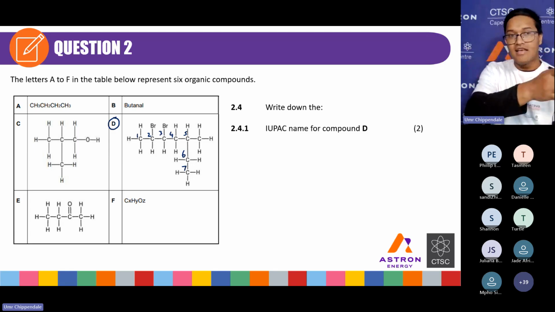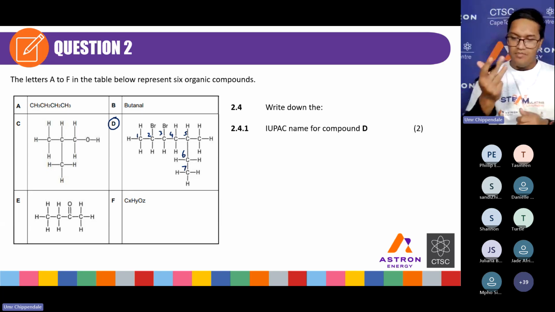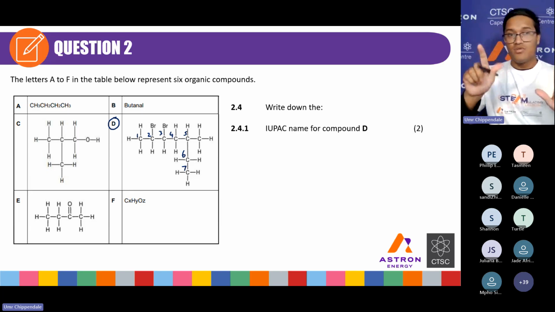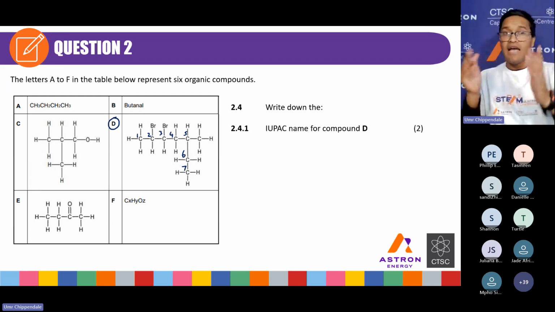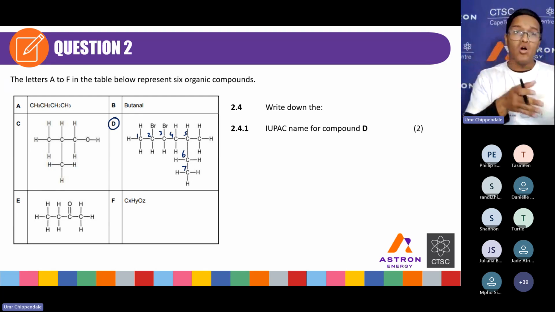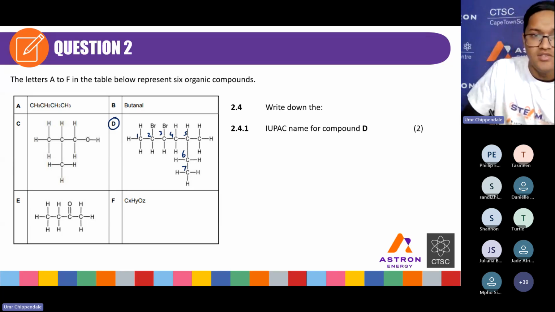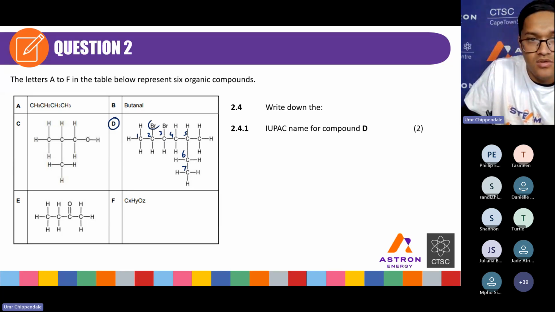Now, this is a 7-carbon chain. So it's going to be meth, eth, prop, but, pent, hex, hept. So it's going to be heptane, because there are no other functional groups. We have halogens, but halogens are added to the start of the name as a prefix. So where do we find the halogens? We find them on carbon 2 and carbon 3.